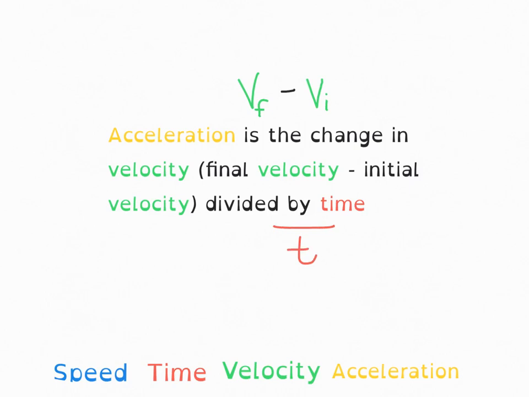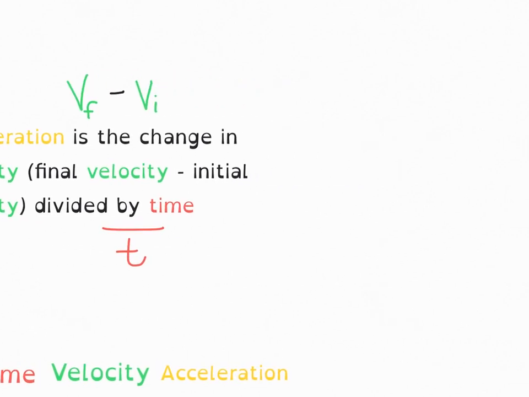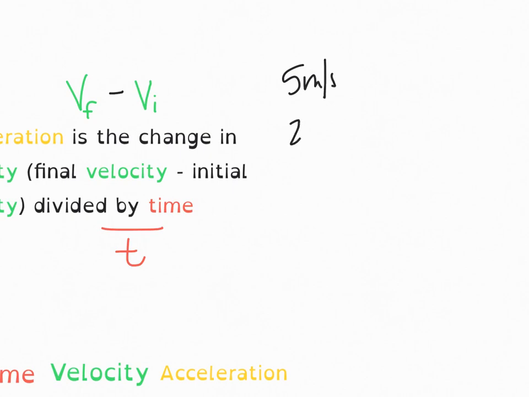We use these little symbols up here at the top, VF and VI, so that we can keep track of where we start and where we finish. If I'm starting at 5 meters per second and I end at 2 meters per second, it's important to know which one is our initial and which is our final, because that'll give us very different answers.